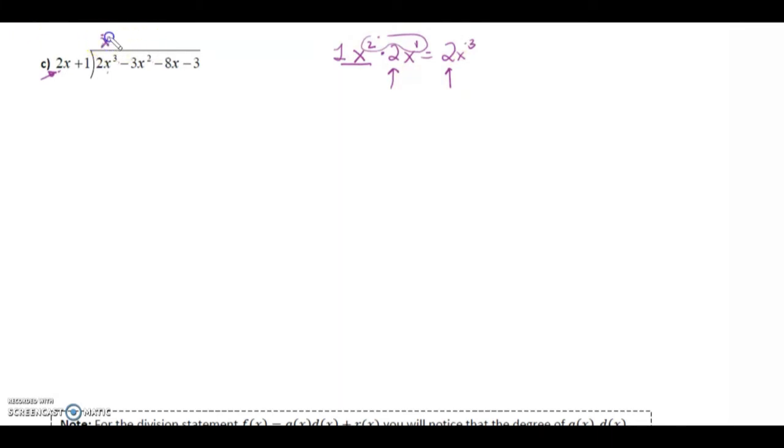So let's put an x squared here. x squared times 2x is going to give us 2x cubed, and then x squared times 1 is going to give us x squared. Okay, so subtract these. These two are identical, they just cancel out. And we have negative 3x squared minus 1x squared, so we get negative 4x squared.